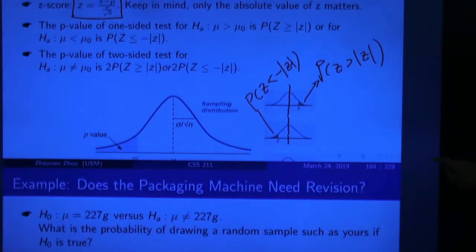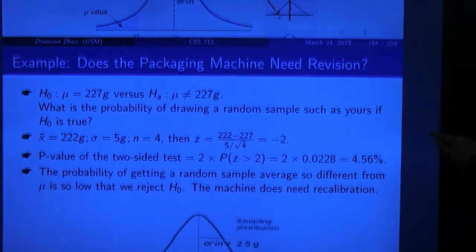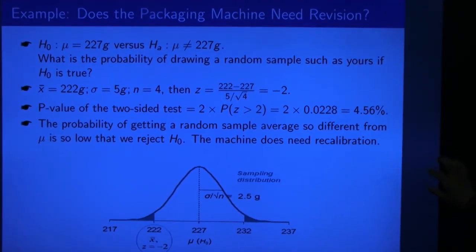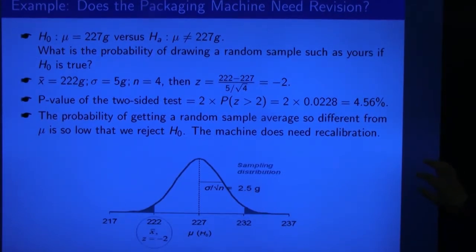Next, we use the example to show how to do this. We go back to the tomato example. There's the packaging machine. Packaging machine need revision. Step 1, we state the null hypothesis and alternative hypothesis. So H0 is mu equals 227.